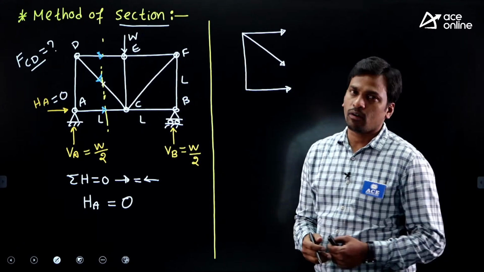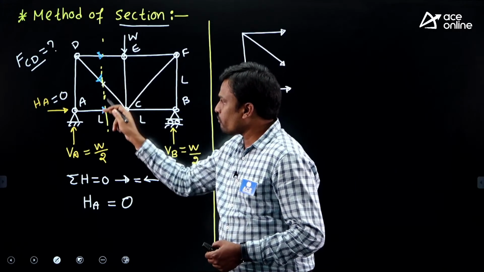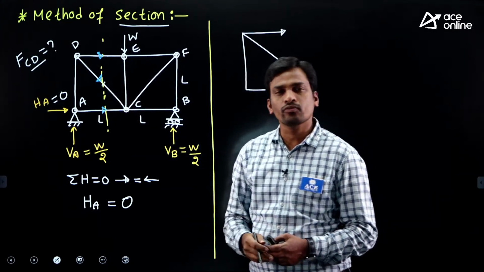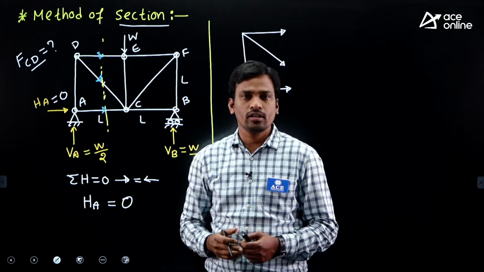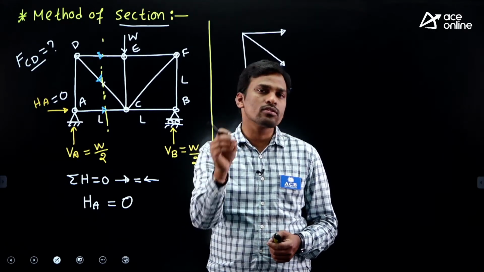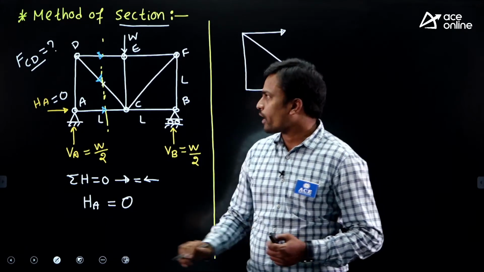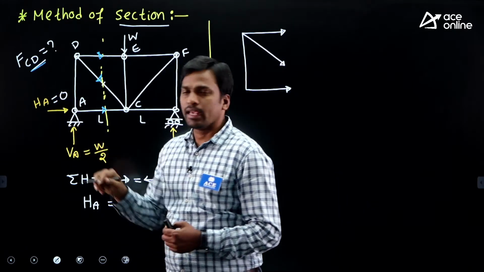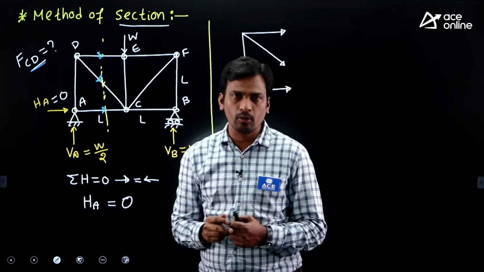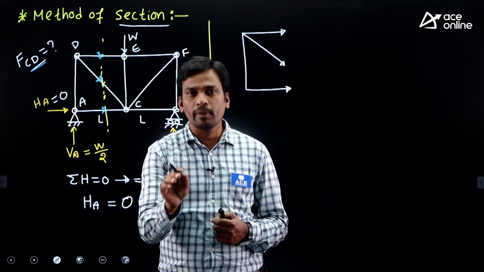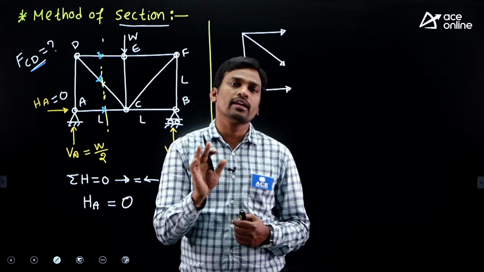Few students may have a doubt: sir, why assume tensile force? I'll assume compressive force, sir. That is your wish. You can assume compressive force or tensile force, whatever it is. Finally, after finding the force in member CD, if we get a positive value, then the positive sign implies the assumption is correct.